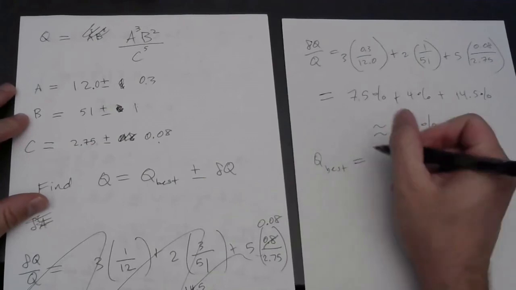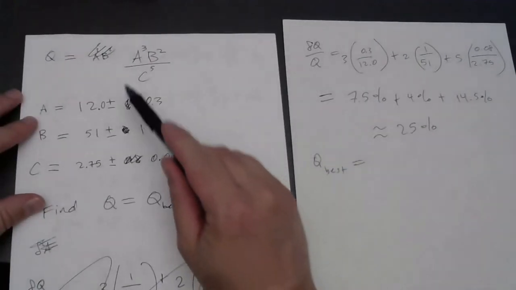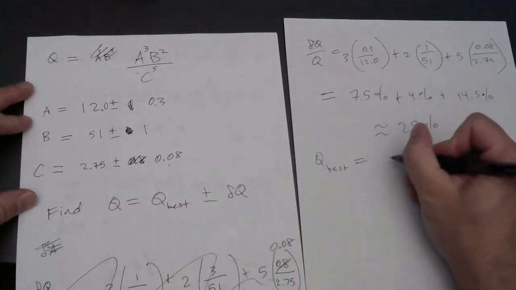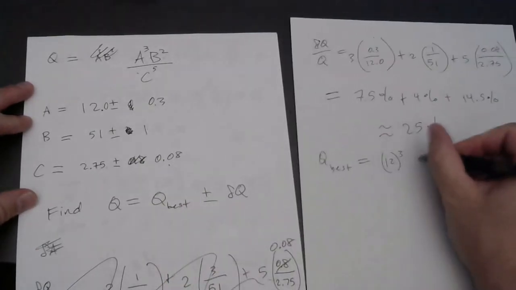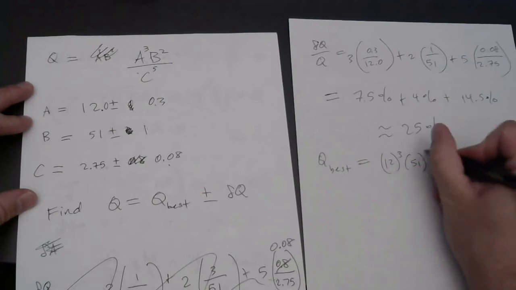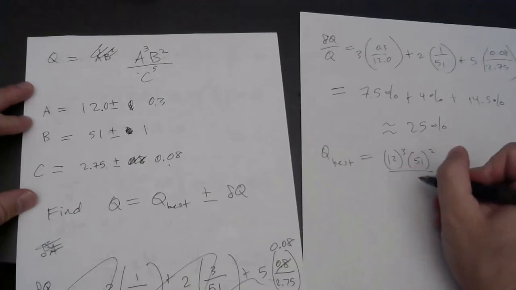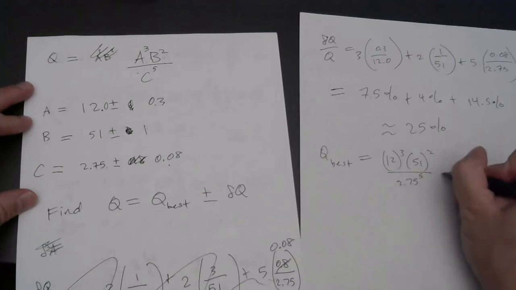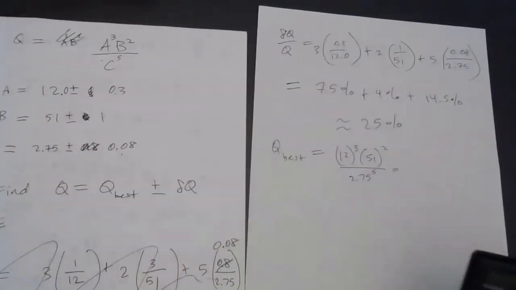To get our best estimate for Q, we would just plug in our best estimates for A, B, and C. Those are the numbers given here. So that would be 12 cubed times 51 squared, and we divide by 2.75 to the 5th power. Let's see what our best estimate for Q is.